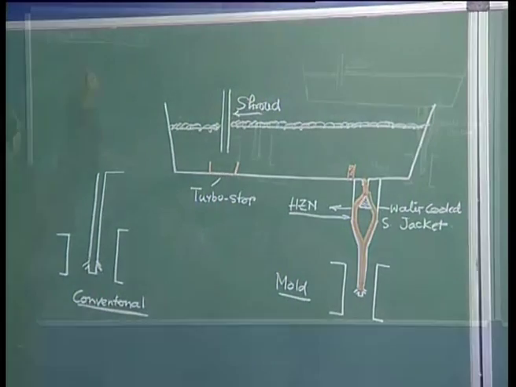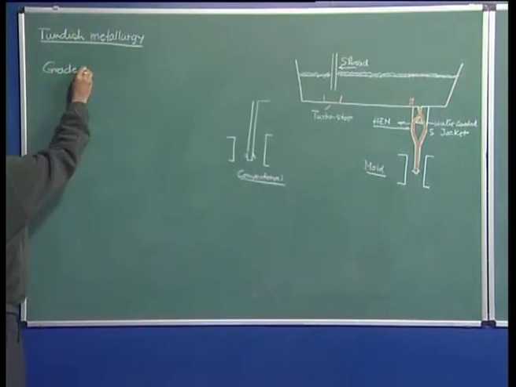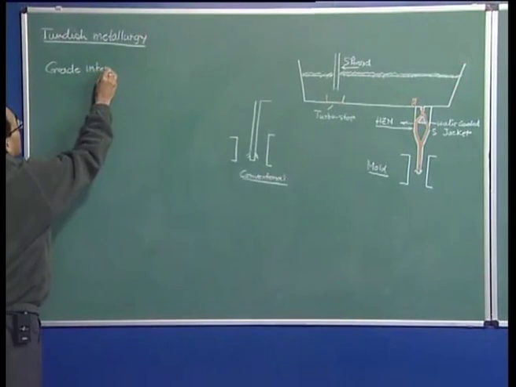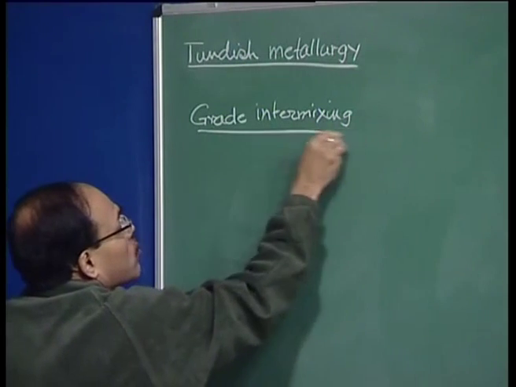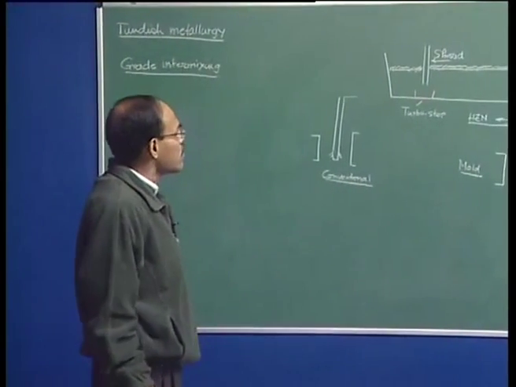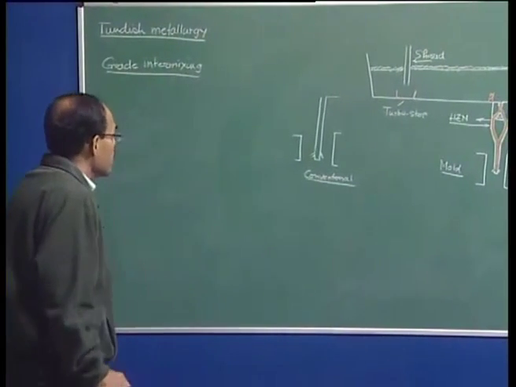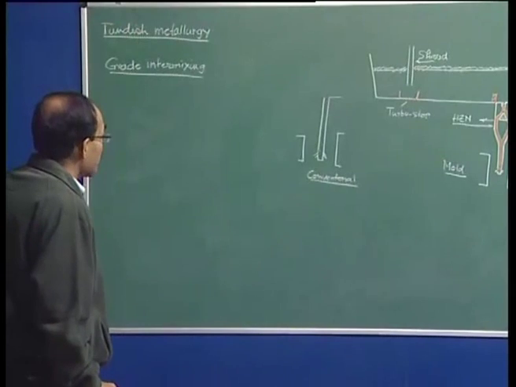Let us talk about now the grade transition phenomena, grade intermixing. So, we have talked about inclusion flotation, we have talked about heating of the melt, we have talked about superheat and its importance and how to control superheat, and last but one, let us talk about grade intermixing.